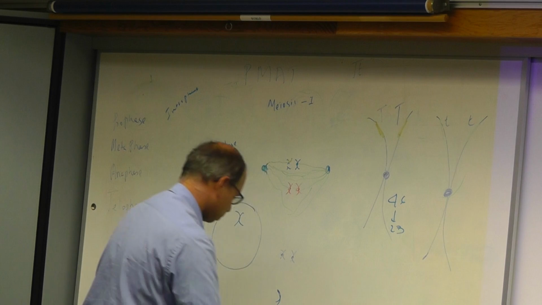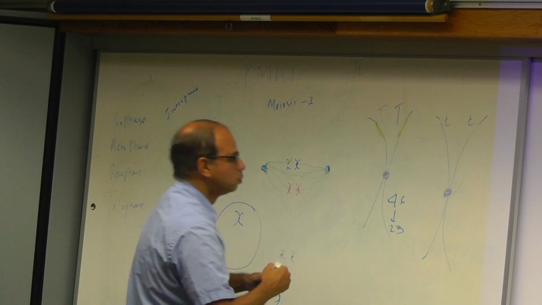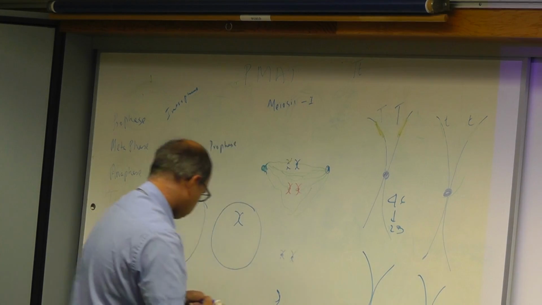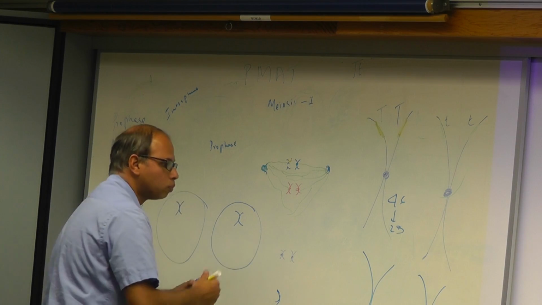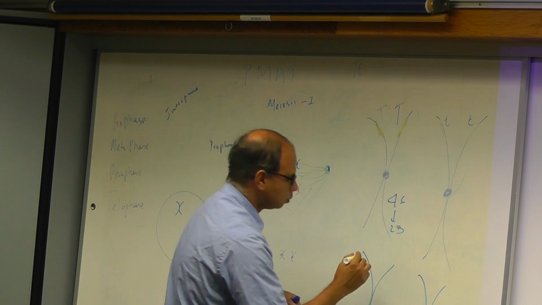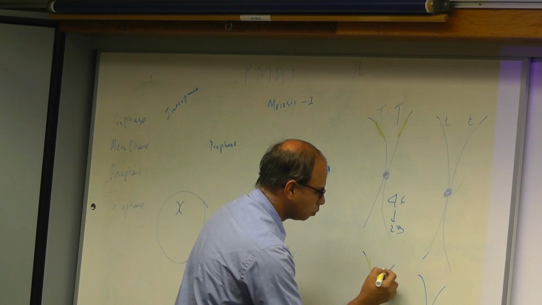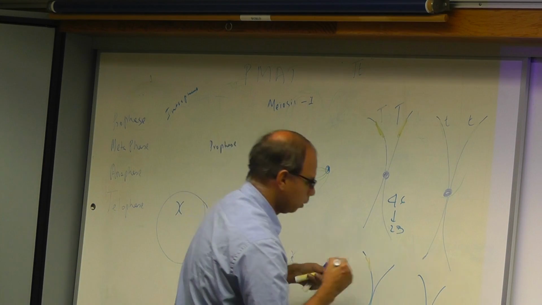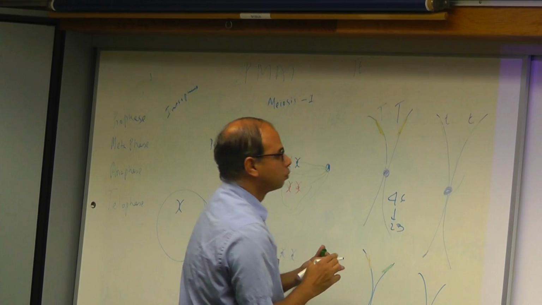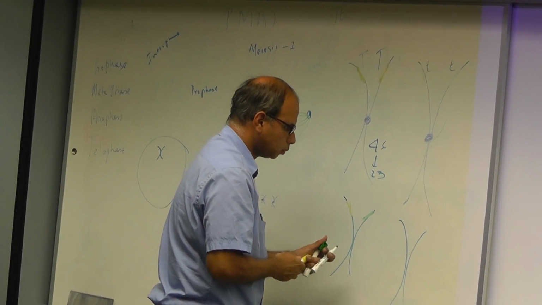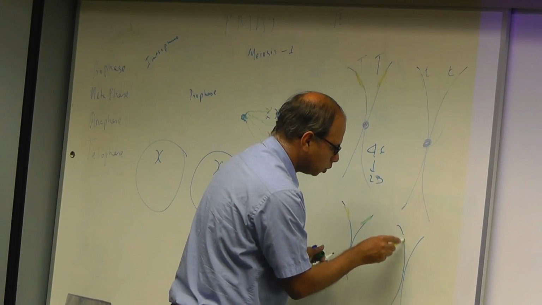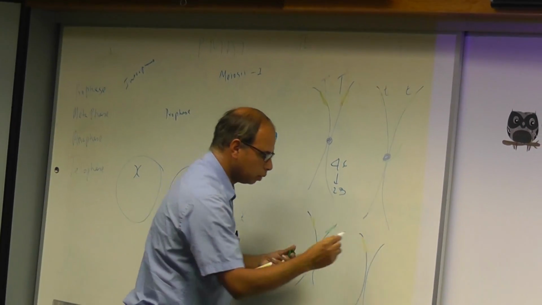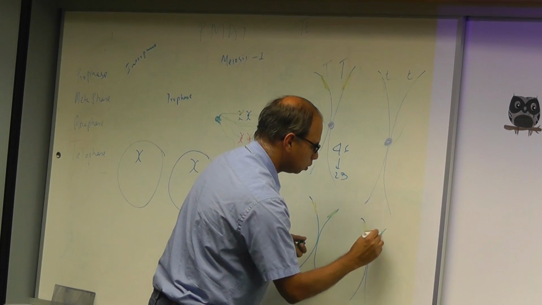After the crossing over, now this would become green, this would become yellow, this would remain green.